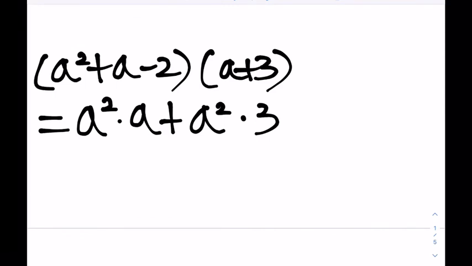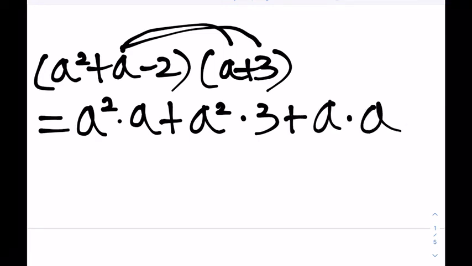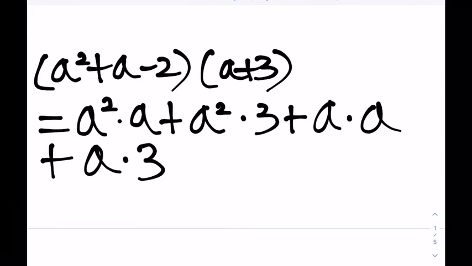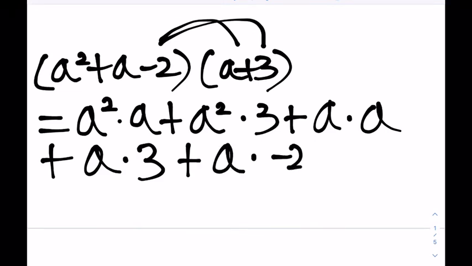Now second term, a multiplied to a and then a multiplied to 3. Okay, last term, -2 to a, -2 to 3. So that will be a times -2 and 3 times -2.